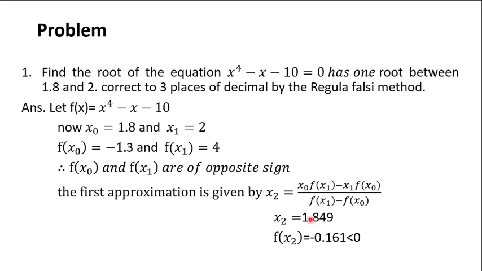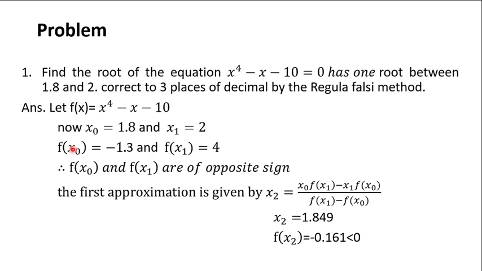Now find f(x2). f(x2) is x2^4 - x2 - 10. When we find f(x2), we get the value -0.161, which is less than 0. Here f(x2) is less than 0, and previously f(x0) was less than 0. Hence x2 replaces x0.